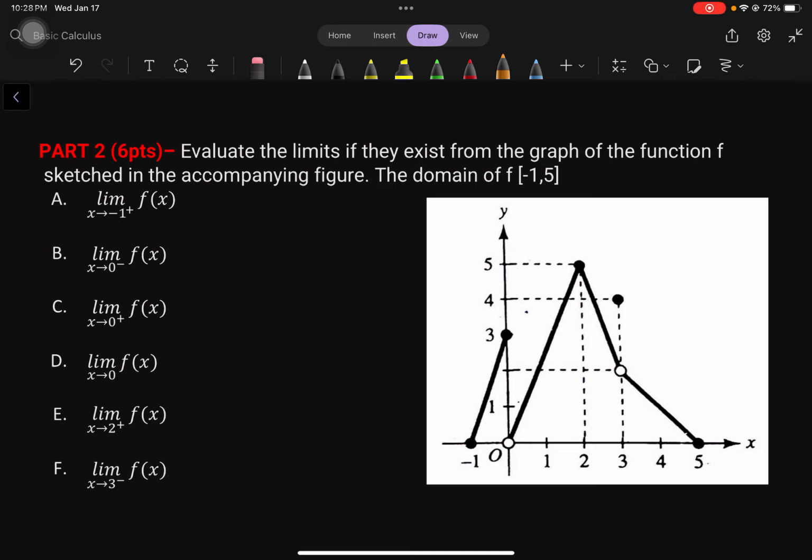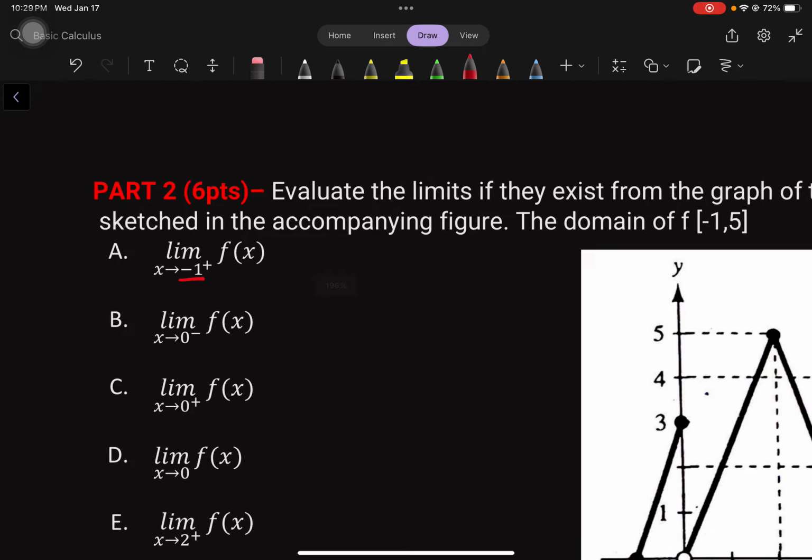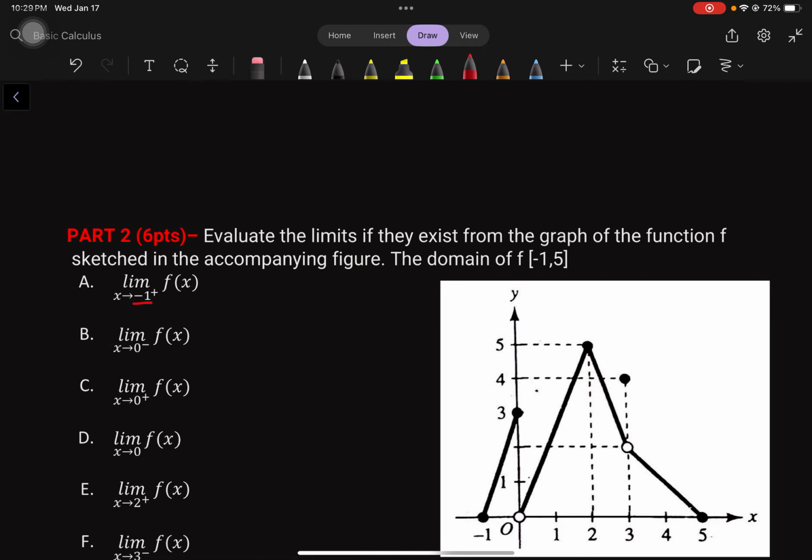Okay? So, ang unang tinatanong sa atin dito, ano yung limit ng ating function kapag nasa -1 pero nasa positive side? Please take note of this. Limit of function as x approaches a negative.